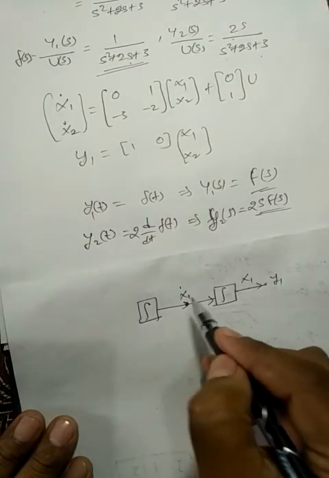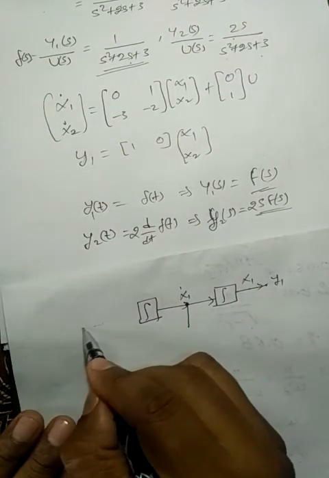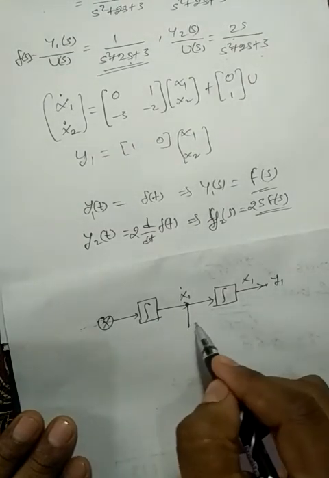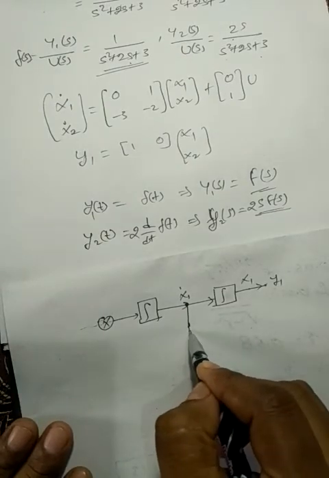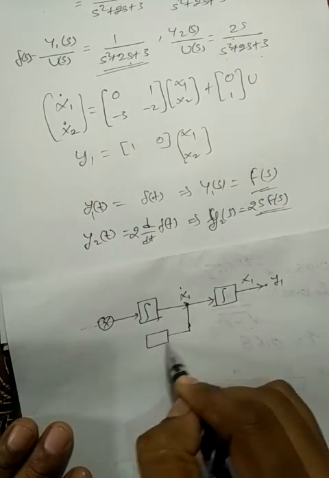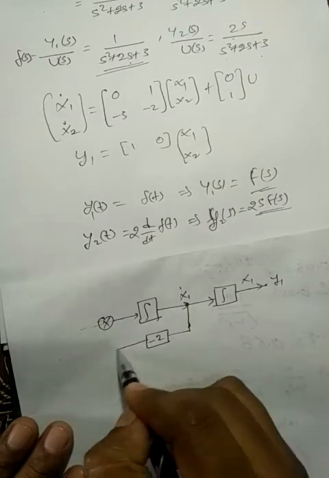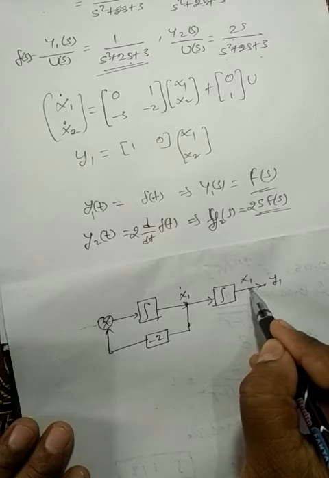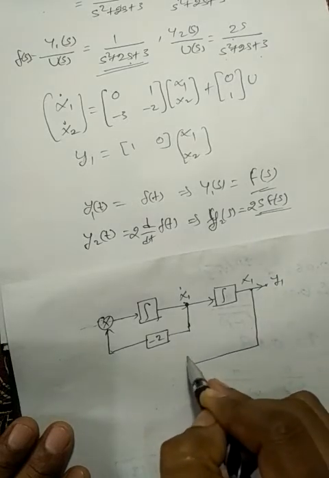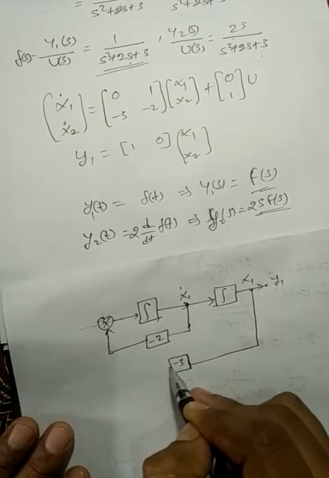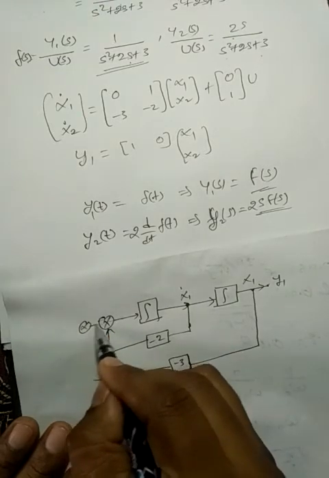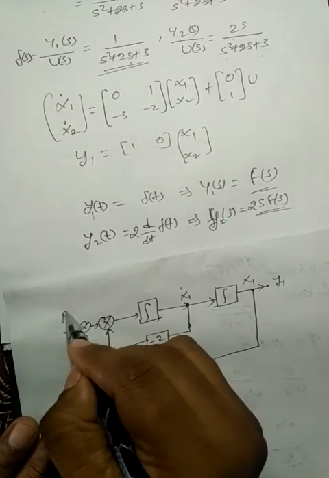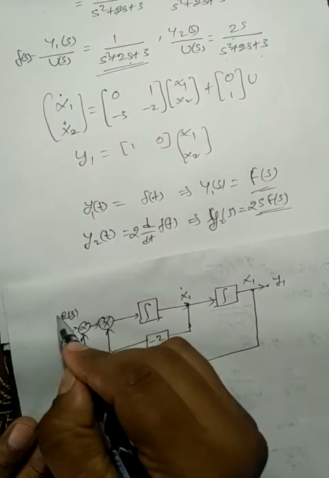Okay, from x1 dot we have minus 2, and from x1 we'll have minus 3, and the input U(s).